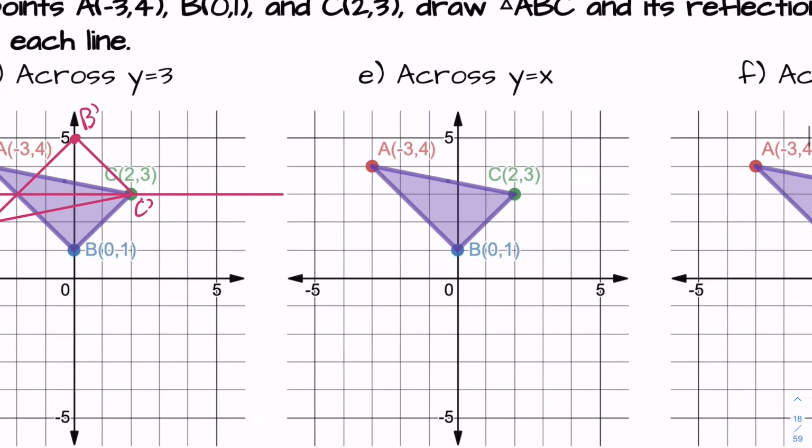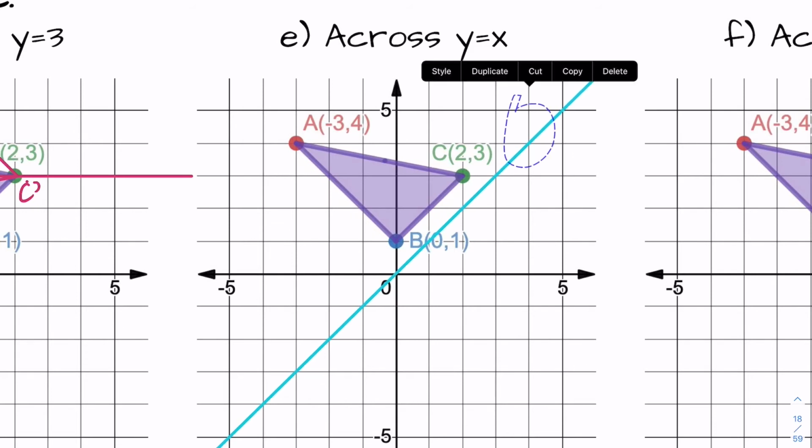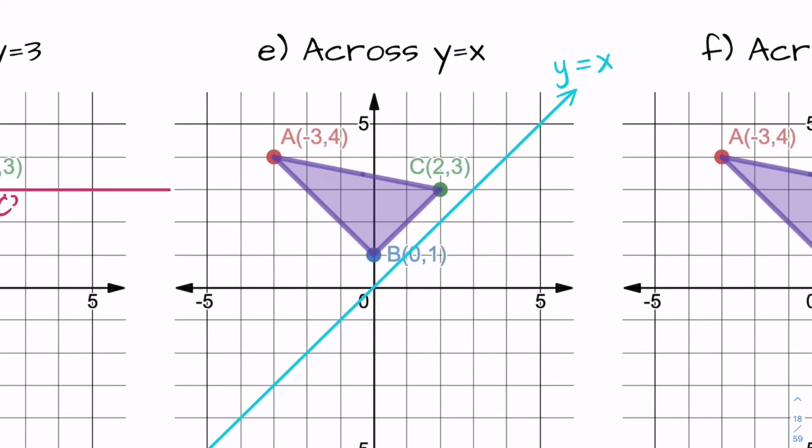Okay, now this one is tough. This is going to be the line y equals x, and I'll show you what we do for this. So here's the line y equals x. It's linear, right? That's because it has a slope of 1 and a y-intercept of 0.